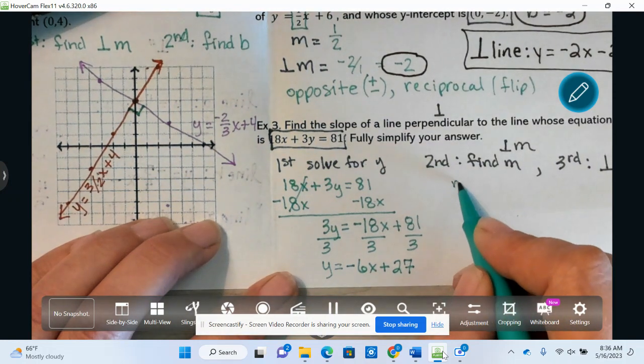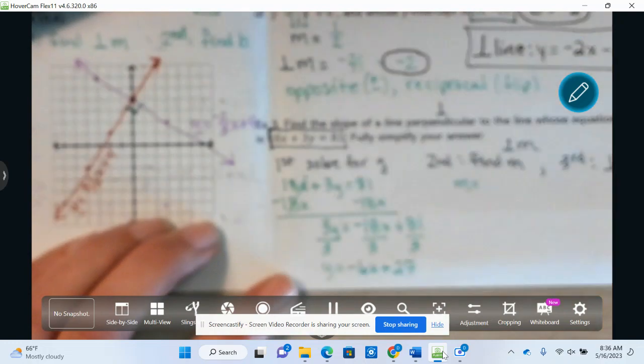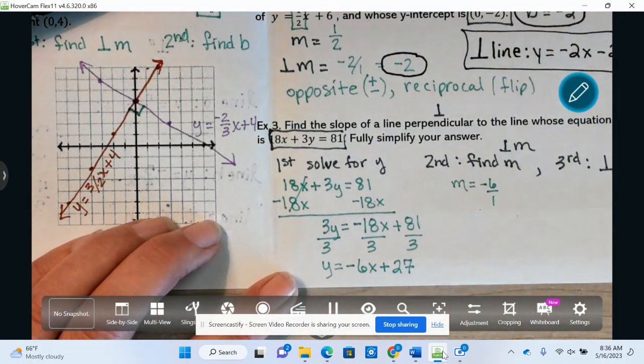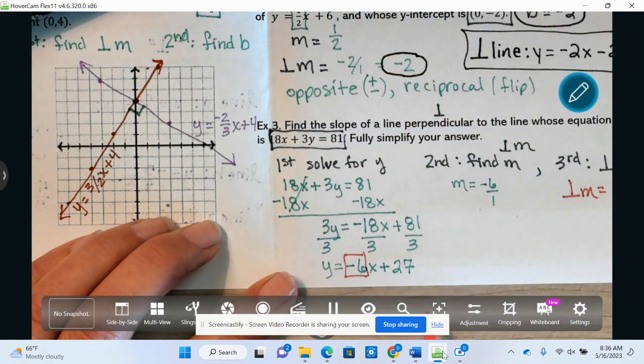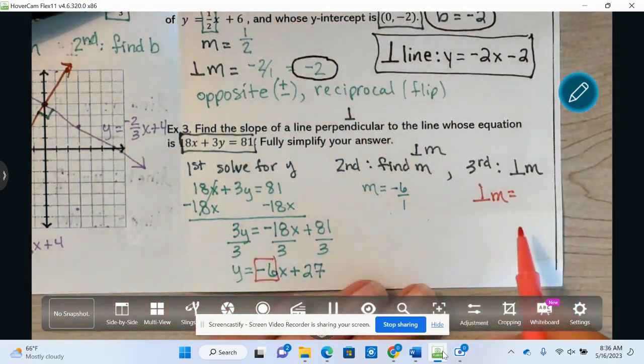So what is the slope of this equation? Yeah, the slope of this equation is negative 6. And I'm going to write it like this, negative 6/1. Do you see that? It's negative 6. So what is the perpendicular slope? Well, I'm looking for the opposite sign. What's the opposite of a negative? A positive.